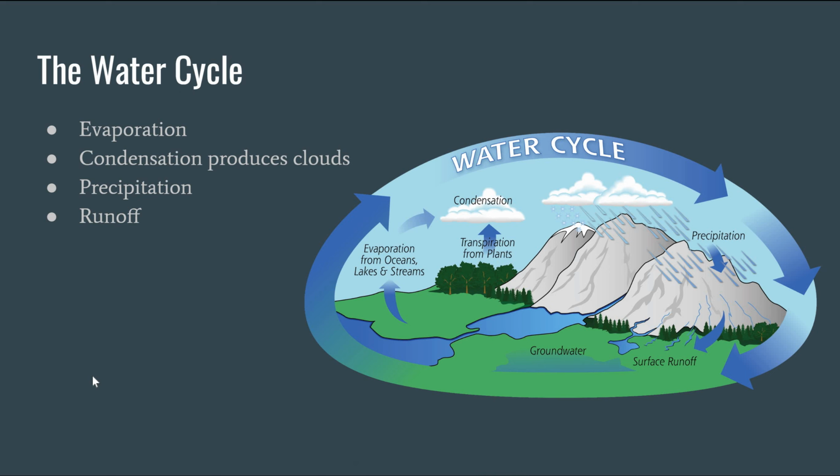If you've been following along with this series in particular, we started off talking about the sun, seasons, latitude, intensity, and all that. But an important thing to discuss before we move on to the actual climate section is the water cycle.